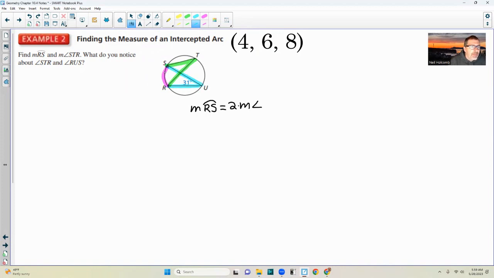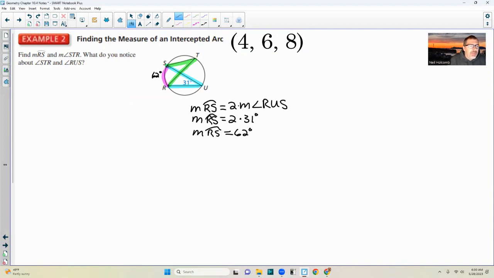RUS intercepts arc SR. So the measure of arc RS is 2 times the measure of angle RUS. Substitute the givens. So the measure of arc RS equals 2 times 31 degrees. So the measure of arc RS equals 62 degrees. So this is 62 degrees.